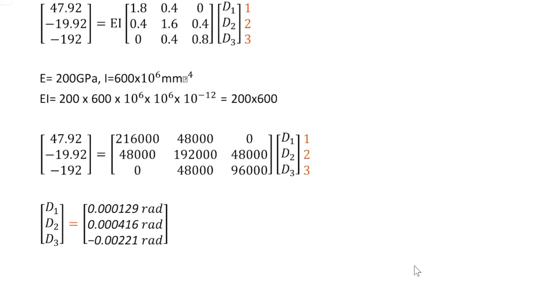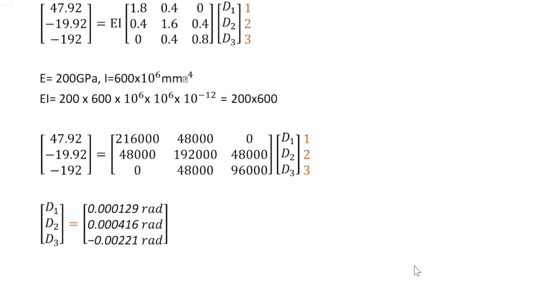Pascal is in Newton per meter square. We need to remain the unit in kilopascal, so we use exponent 6. And I is 600 times 600 exponent 6, given in millimeter power of 4.